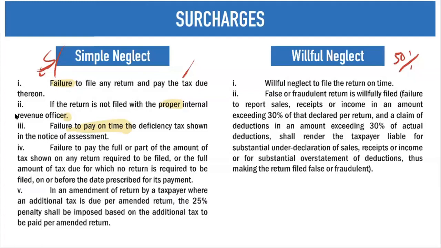But for 50%, kailangan lang ninyong alamin to: willful neglect, false or fraudulent return. Pag sinabi ng problem, guys, there is a willful neglect or false or fraudulent return, 50% yung surcharge nyo. Pag hindi yan, pag wala siya sa dalawa, edi simple neglect na siya. Nasundan? Pag wala siya sa dalawa, hindi siya willful neglect, hindi siya false or fraudulent return, edi simple neglect na siya.